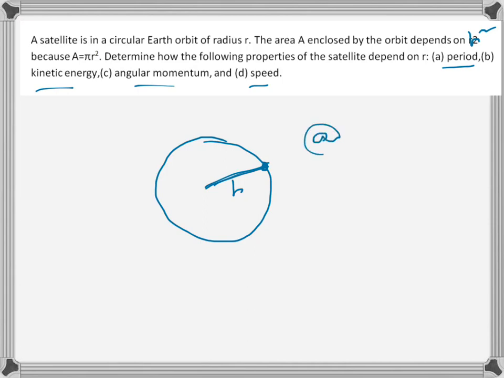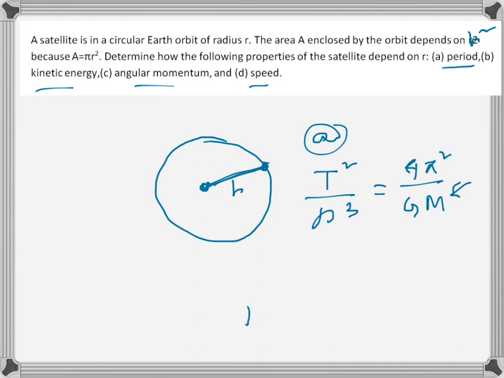So when we say period, we can apply Kepler's law. So that is T squared over r cubed is equal to 4 pi squared over GM. All of these are constant because M is the mass of the center object around which the satellite is orbiting. So T squared is r cubed times 4 pi squared over GM.